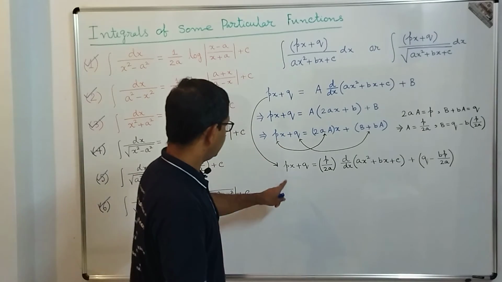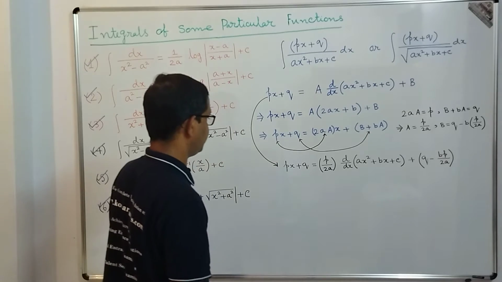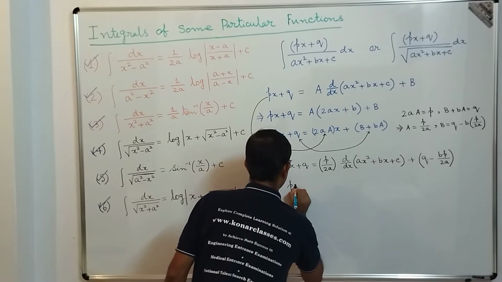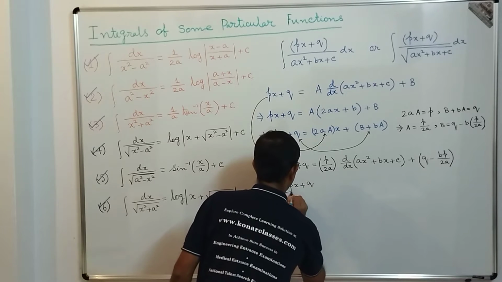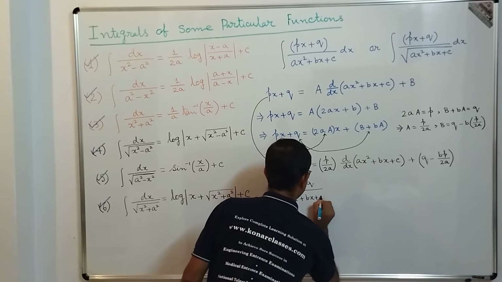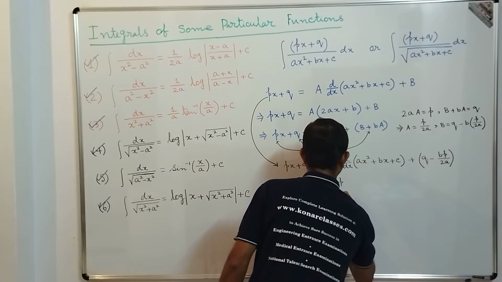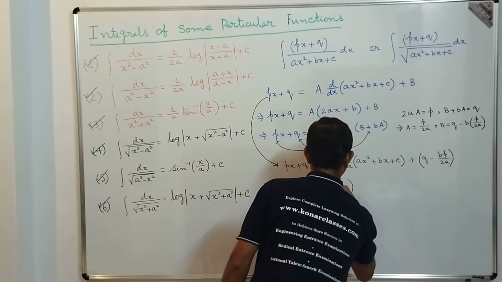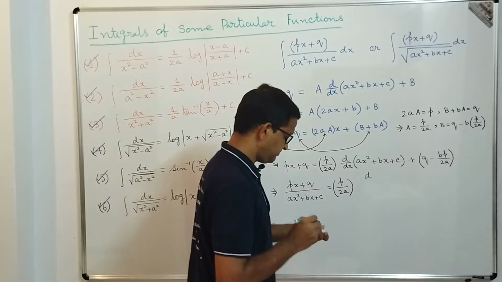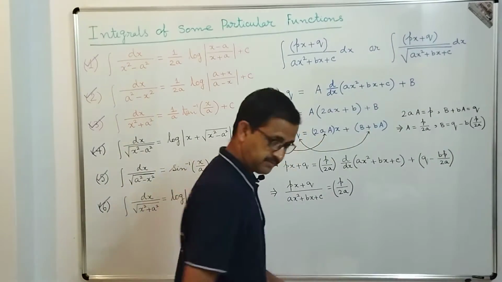Now what we are going to find is the integration of px plus q by ax square plus bx plus c. So px plus q divided by ax square plus bx plus c is equal to p by 2a, and d/dx of ax square plus bx plus c we can directly write as 2ax plus b.